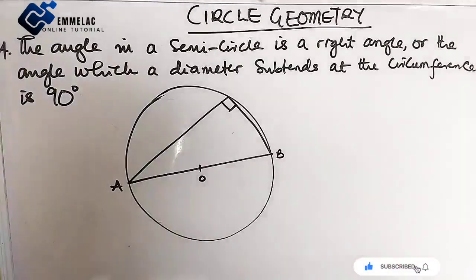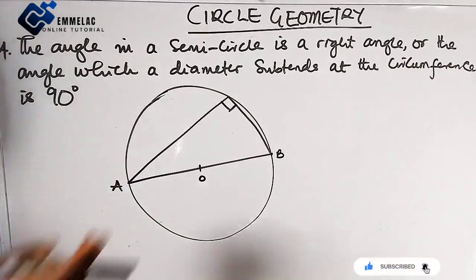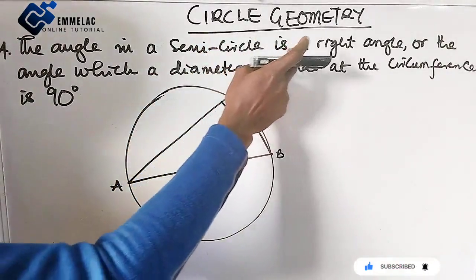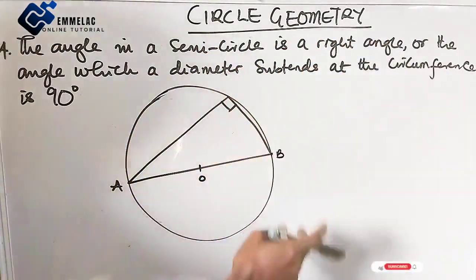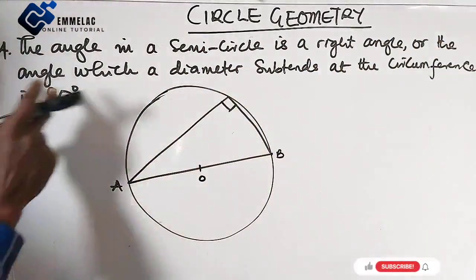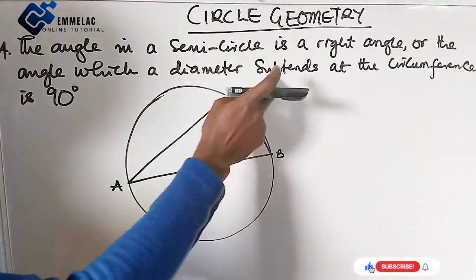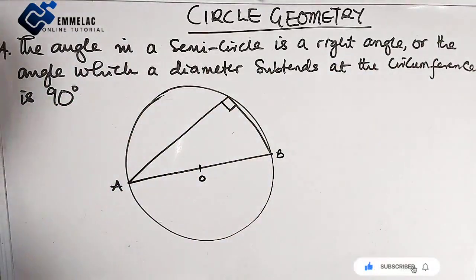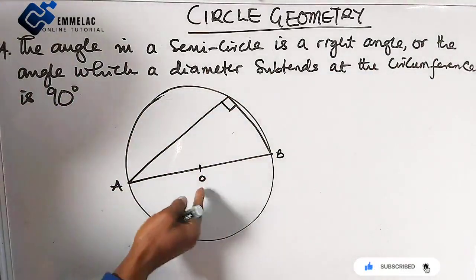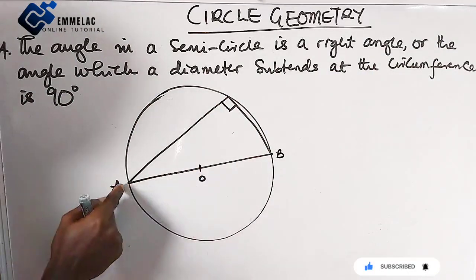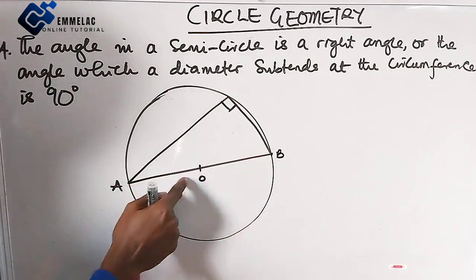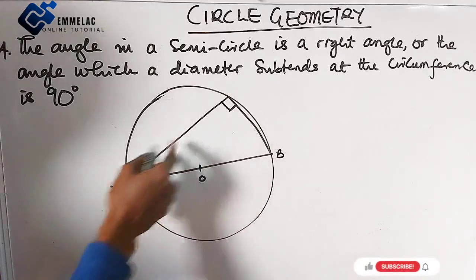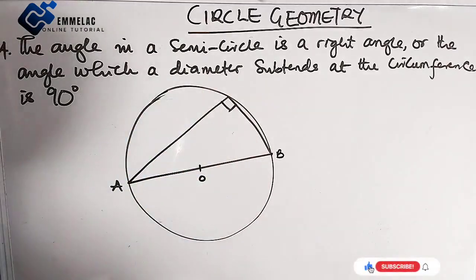Here is theorem 4, and it says the angle in a semicircle is a right angle, or the angle which a diameter subtends at the circumference is 90 degrees. Here is the center of the circle. As long as this line passes through the center of the circle, whatever angle subtends at the circumference is 90 degrees.